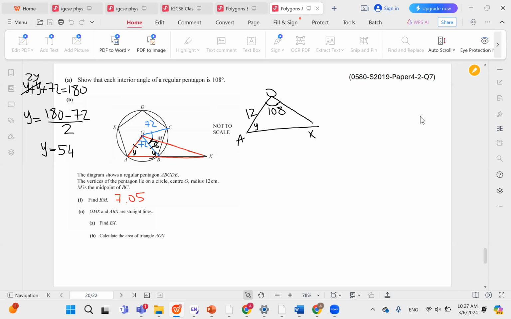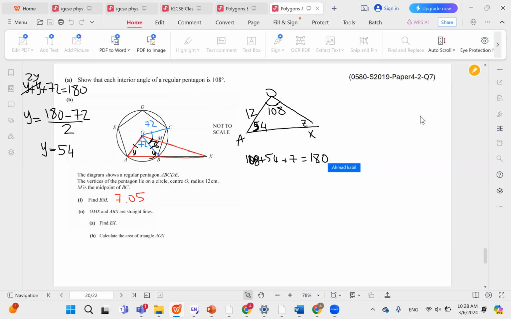So now that we have Y as 54, we can also get the third angle in the triangle. So 108 plus 54 plus this angle, which is Z, equals 180.